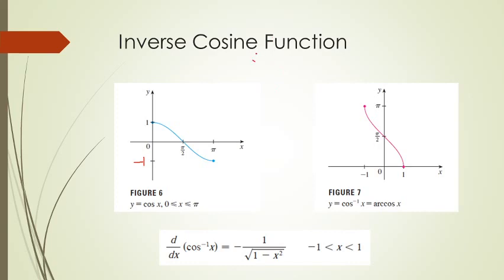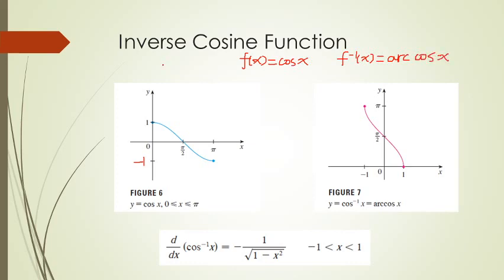Let me draw the same table again. f(x) equals cosine x. Its inverse we call arc cosine.